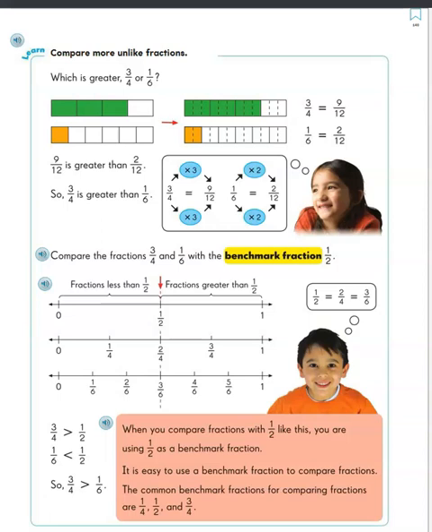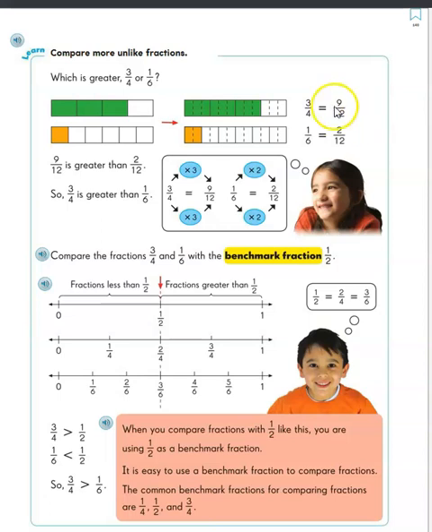So that means I just figured out that my common denominator for both of these fractions is going to be 12, because I know that I can count by 4 and I'll say 12, and I can count by 6 and I'll get to 12. So now I just need to figure out, what can I multiply both my fractions by in order to get a denominator of 12.